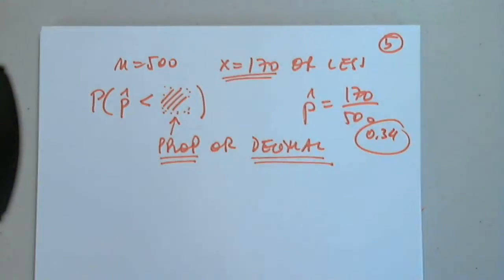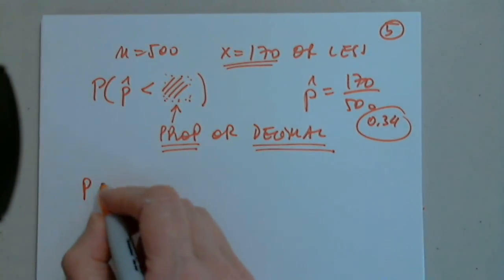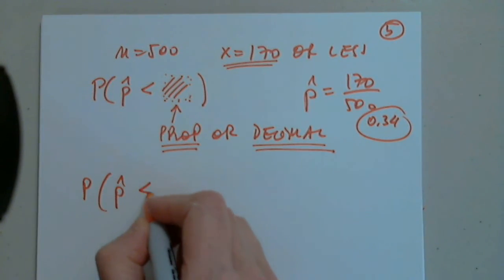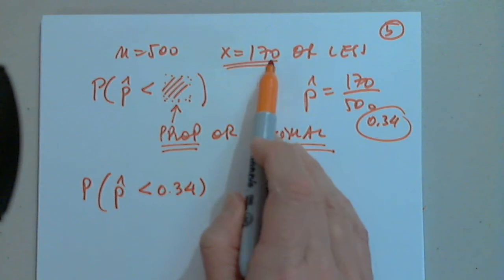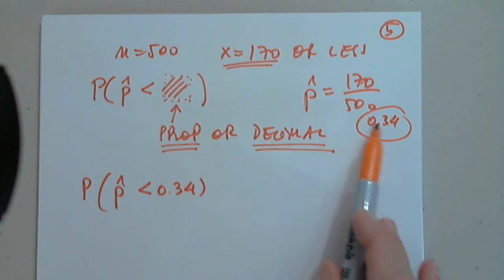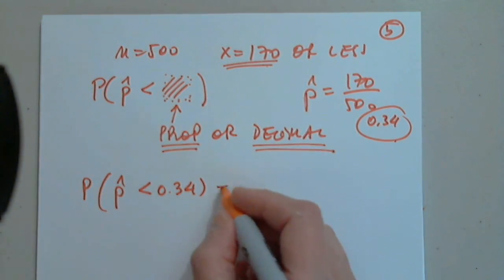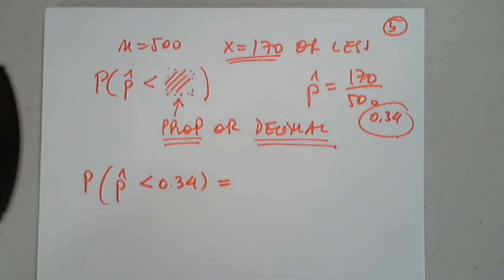So then the probability that x is 170 or less means that p hat is less than 0.34. I have to calculate. So let's see what the calculator gives us. I have second and distributions.